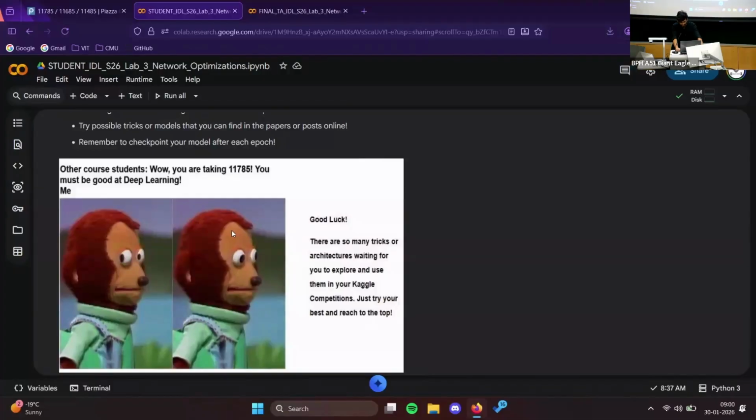Yep. So before answering your question, the main reason to not show the private test set is to test how generalized your model is. The first thing I would recommend is to check the difference between the val accuracy that you got locally and the test accuracy that you got on the 40% of the test set. If the difference is too much, it mostly means that your model is overfitting.